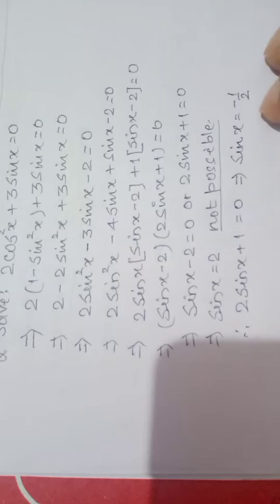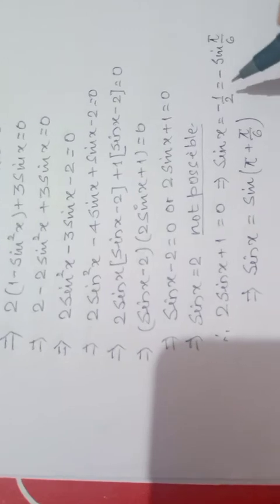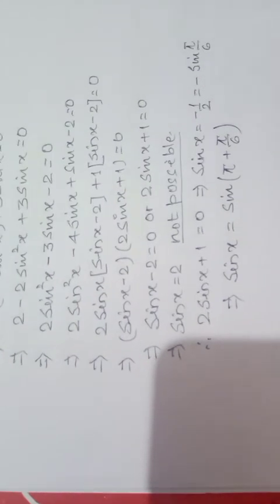Sin x is equal to minus 1 by 2 means minus sin pi by 6. Now you know sin of pi plus theta will be minus sin theta. So minus sin pi by 6 should be written as sin of pi plus pi by 6, because sin of pi plus theta is minus sin theta.